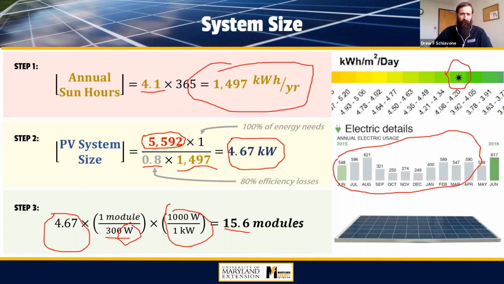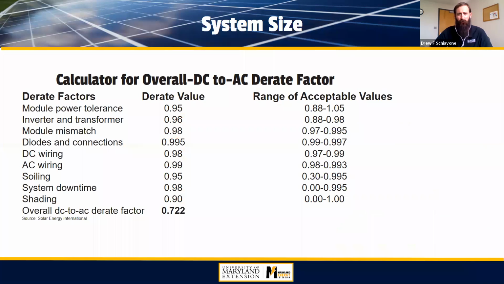If you round it down to 15, you might be a little shy of that 100% that you're trying to provide. But you can use this. Again, this is kind of a ballpark estimate. We'll look at a more specific and robust way to evaluate this. But as I mentioned, that efficiency rating, what's called the derate factor or derate value, is based on any efficiency that's lost in the system.